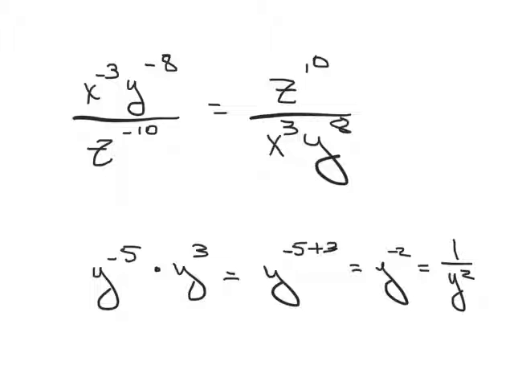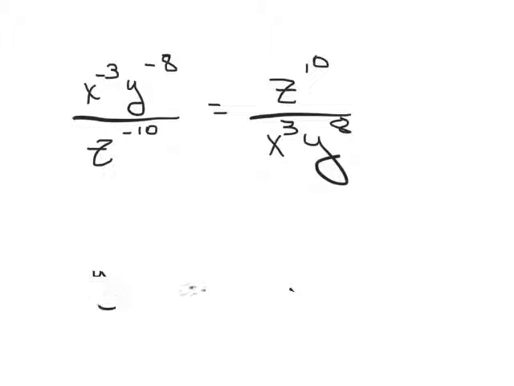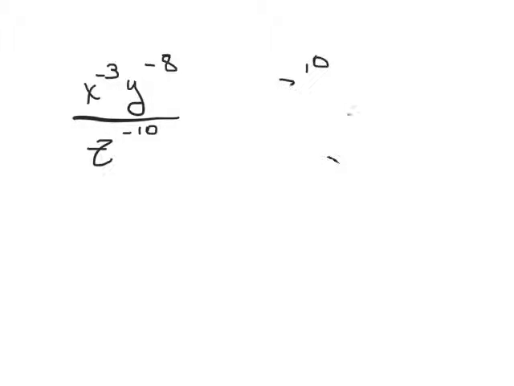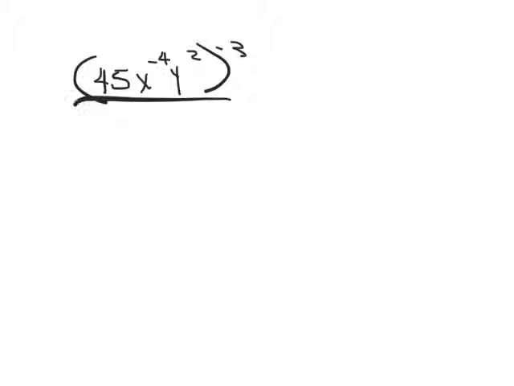So if you keep looking down at those examples they give there, you'll notice that the letter E has an example that we want to try here, and E says 45 x to the negative 4 y squared, and we're going to take that to the negative 3 power, and then we're going to take 9z to the negative 8.